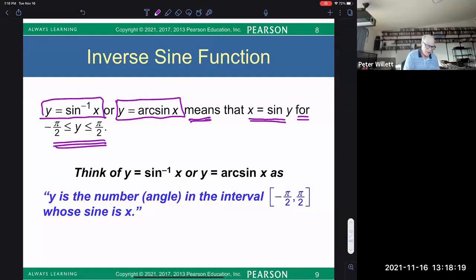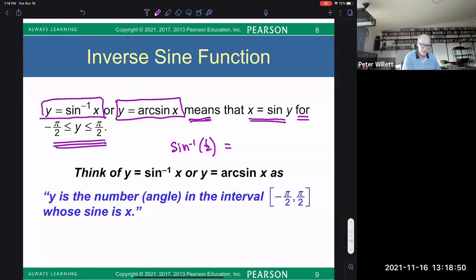And they make a nice phrase for us here. Y is the number which is an angle in the interval between -π/2 and π/2 whose sine would give you x, or whose sine is x. And what does this wordology translate to? Again, like the example we did, if I have inverse sine of 1/2, then this would be the y value we're looking for.